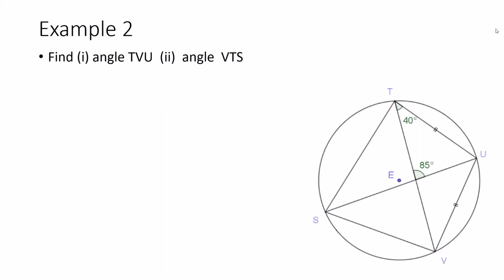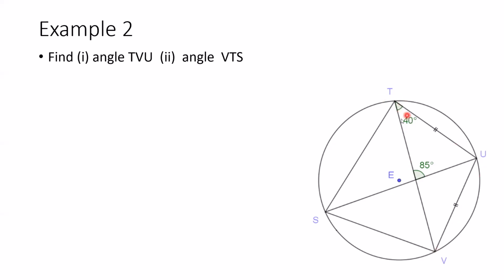Example 2. Find first part, angle TVU, second part, angle VTS. Let us have a look at the diagram. So we have TU and UV. They are equal. TU is equal to UV. So TUV is an isosceles triangle.